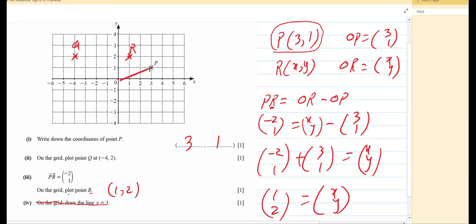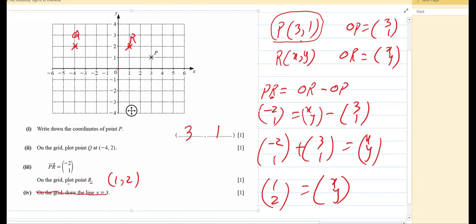If you have to write this vector, then it is written in the column vector form, where this is the x component and this is the y component. This is how we write that. So in the form of the position vector, if we make the triangle, this is always the way that we adopt for this.